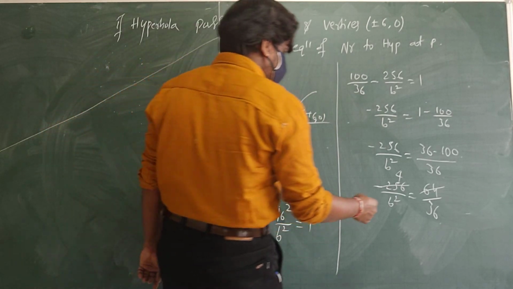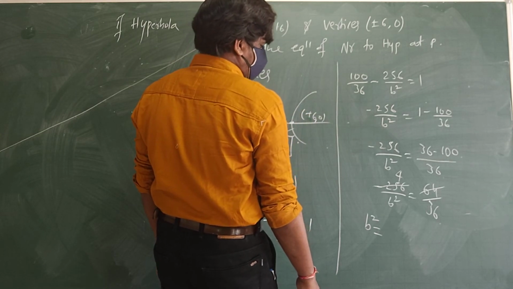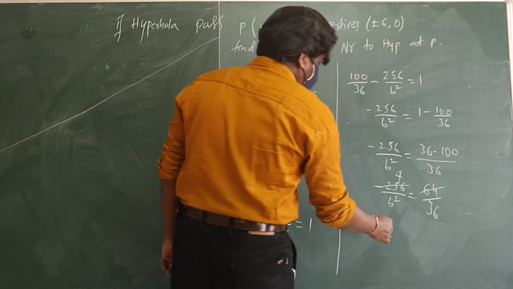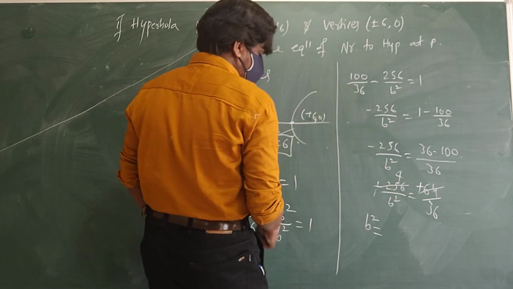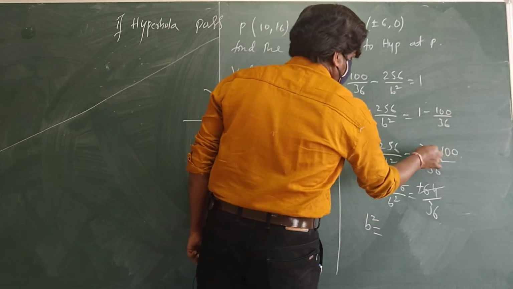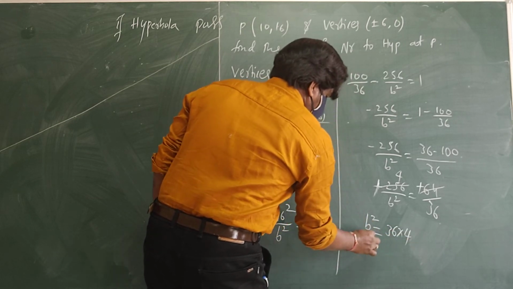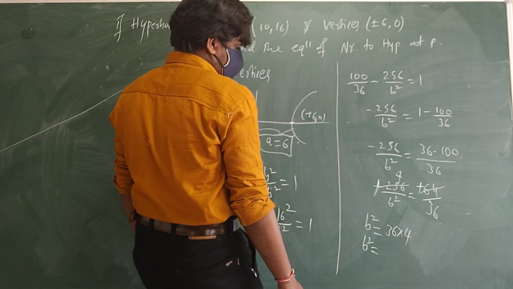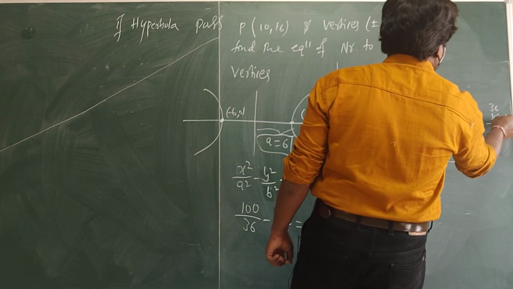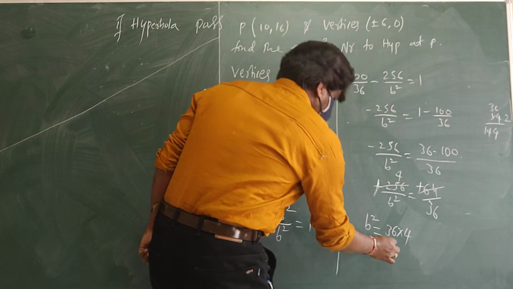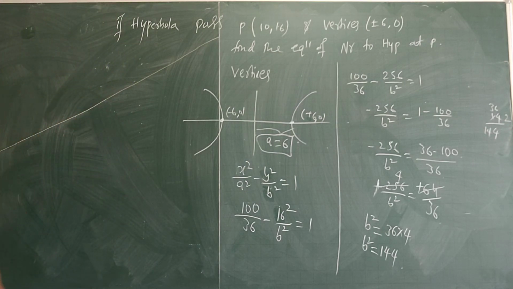It means b square is equal to 36 into 4. 6 fours are 24, 4 threes are 12, so 144. So b square you got 144.